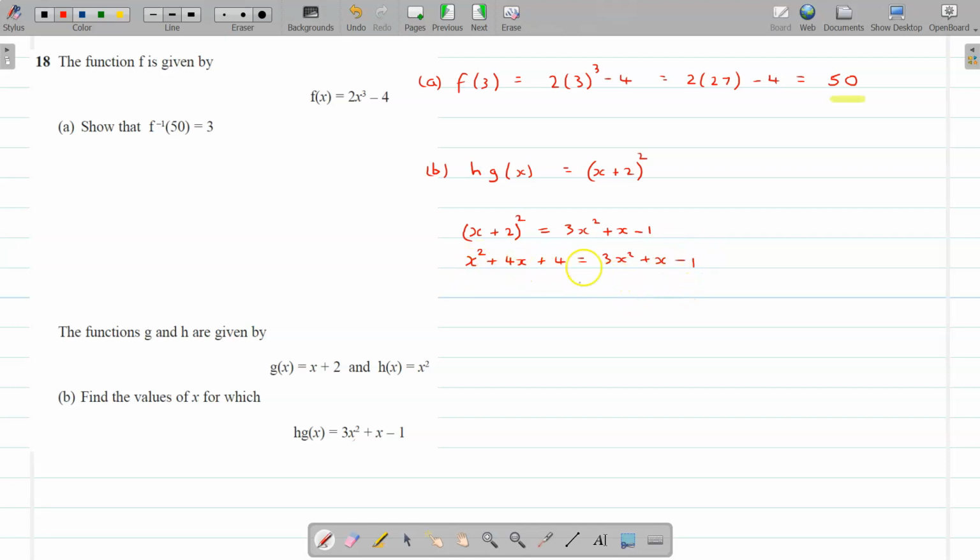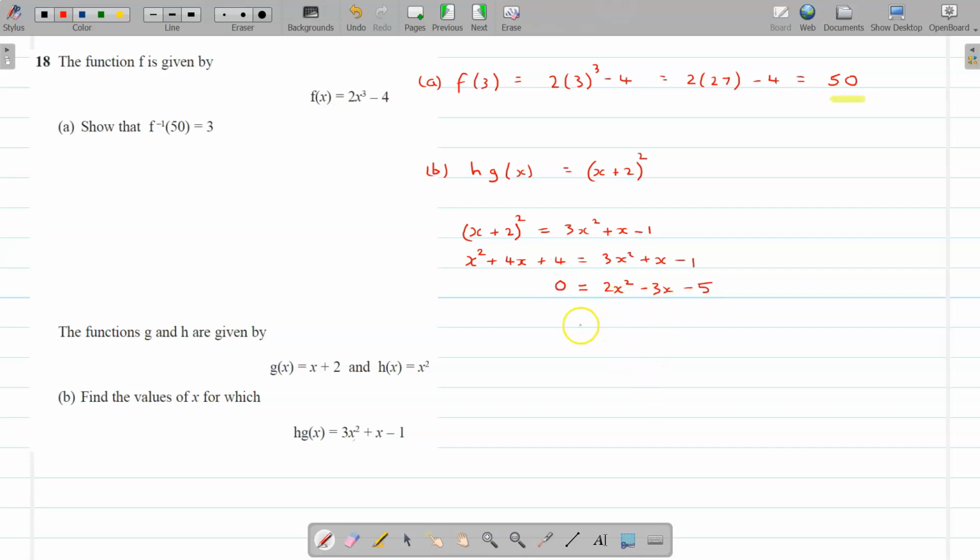Now I just need to move everything to one side. If I take x² from both sides, I get 2x². Subtract 4x from both sides, I get −3x. And then subtract 4 from both sides, I get −5. That's leaving me with 0 over here.